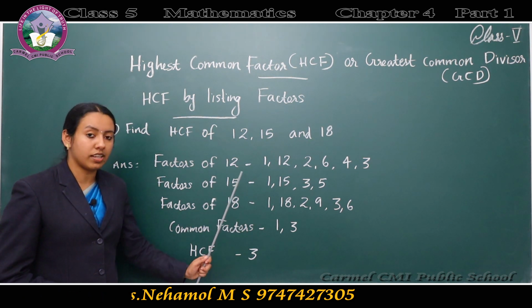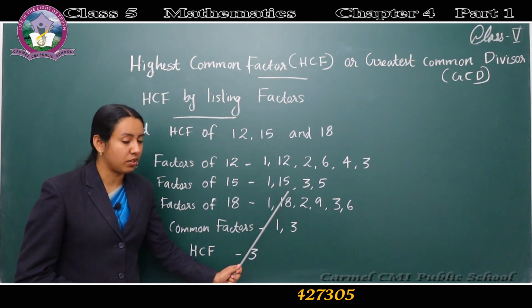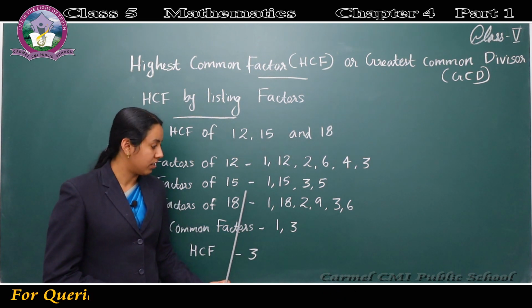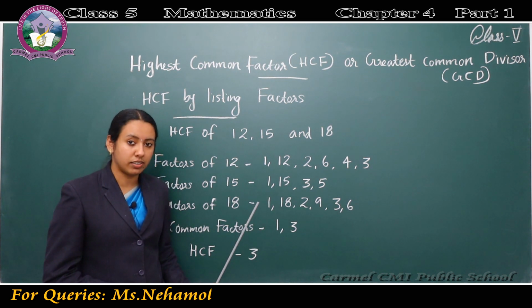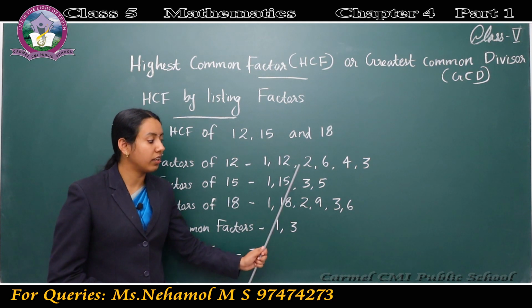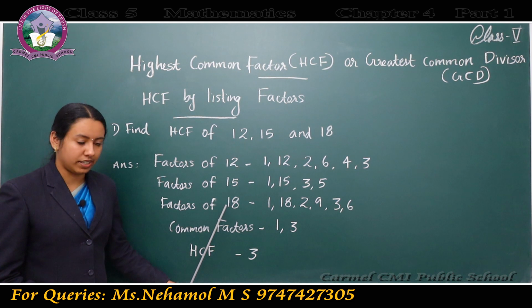So 1 is a factor, 18 is a factor. Then 2 times 9 is 18. 2 is a factor, 9 is a factor. 3 times 6 is 18. So 3 is a factor, 6 is a factor. Is there any other factors? No. 1, 18, 2, 9, 3 and 6 are the factors of 18.